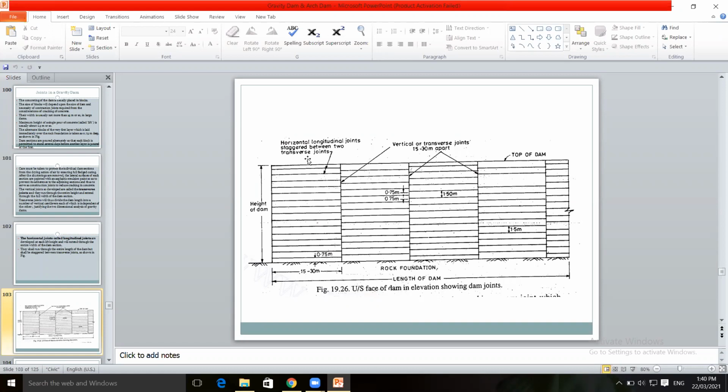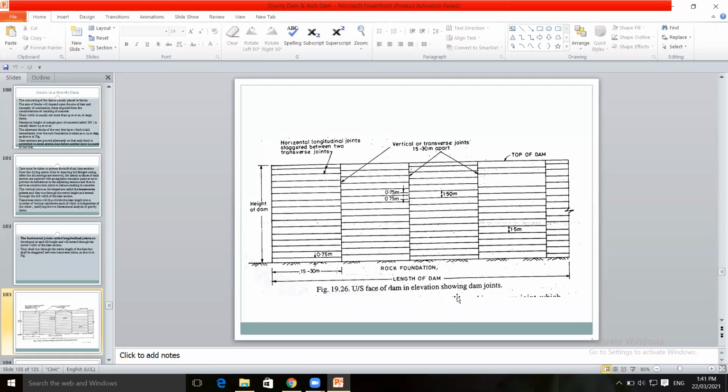These joints are staggered between two transverse joints. These are the horizontal longitudinal joints provided between two transverse joints. These are vertical joints. These are horizontal joints, which are spaced at a distance 1.5 meter. Horizontal longitudinal joints are spaced at 1.5 meter, and vertical or transverse joints are spaced at 15 to 30 meter apart.